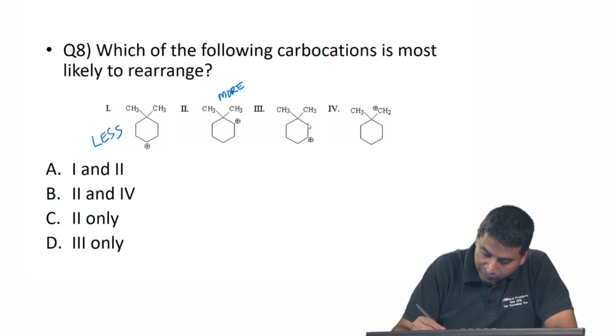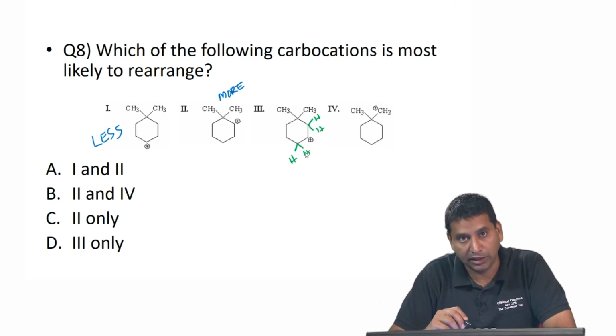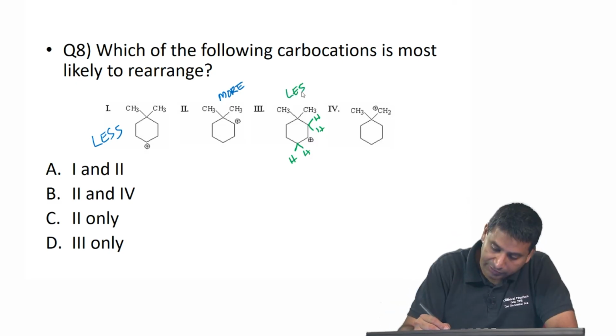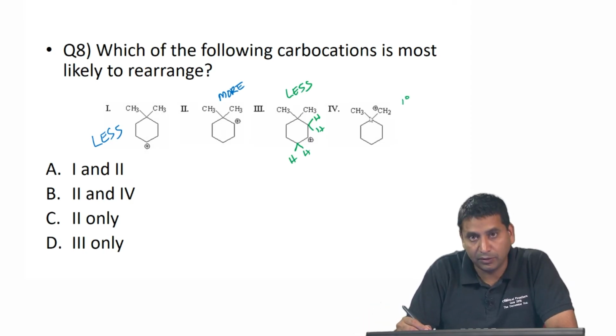So, again here next to it is two hydrogens here and two hydrogens here. By rearranging, it is only going to produce another secondary carbocation, and therefore, I would argue that this is not very likely either, okay, less likely. And the last case is a case where you have a carbocation on a primary carbon, and right next to it there is a methide. Okay.